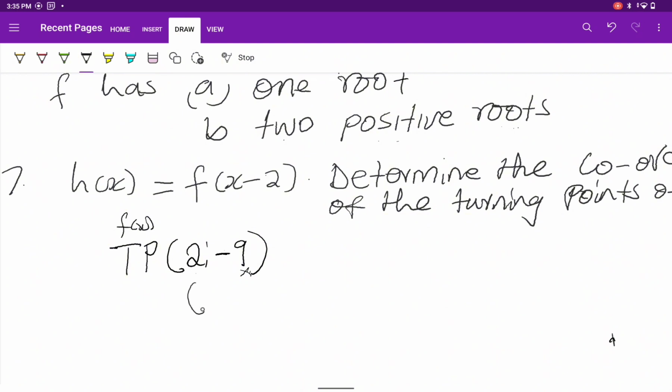Instead, it's going to be 2 plus 2, which is 4, and -9. So this 2 and -9 is the turning point of the graph of f, but the turning point of the graph of h will be 4 and -9.